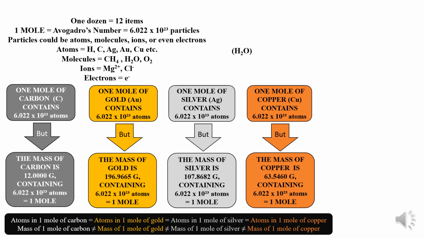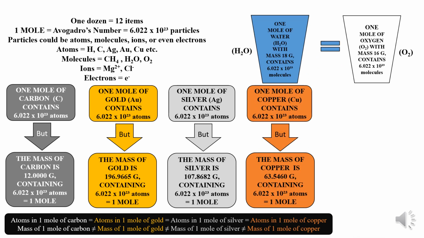Now, considering the mole concept in terms of molecules, water and oxygen. 1 mole of water has a mass of 18 grams, containing Avogadro number of molecules, while 1 mole of oxygen with a mass of 16 grams contains Avogadro number of molecules.